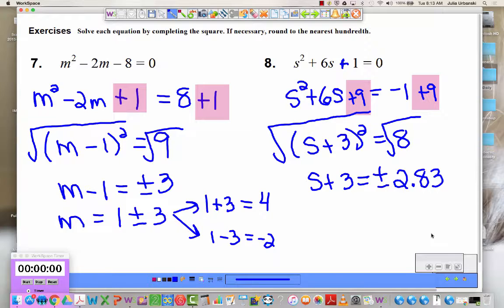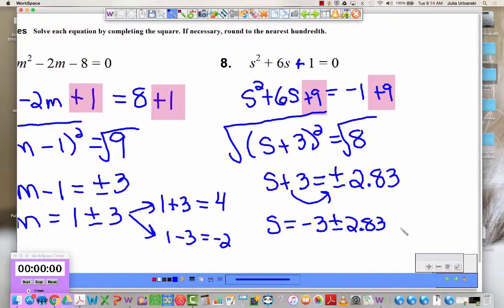All right, so now all we have left to do is take that +3 and move it over. So we're going to have s equals -3 plus or minus 2.83. And you're going to have to turn that into two answers. -3 plus 2.83 and -3 minus 2.83.